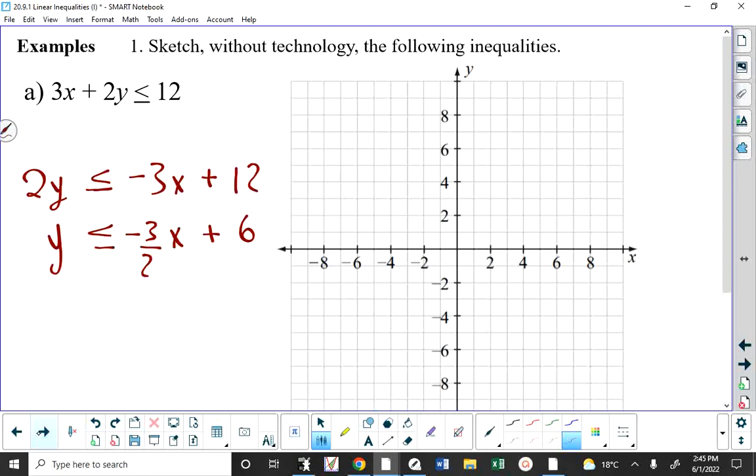So I graph now y equals negative 3 halves x plus 6. That is not the question, but it's what I graph. Am I going to be graphing this with a solid line or a dotted line?